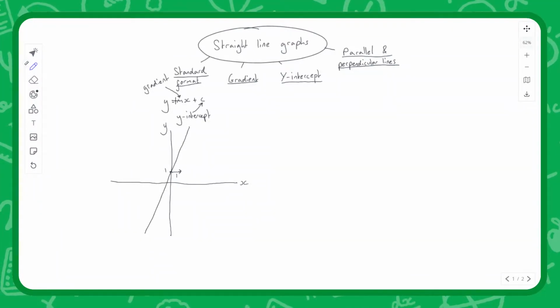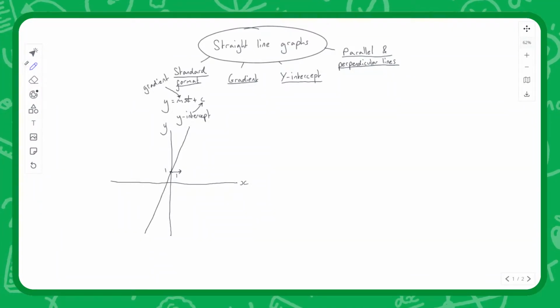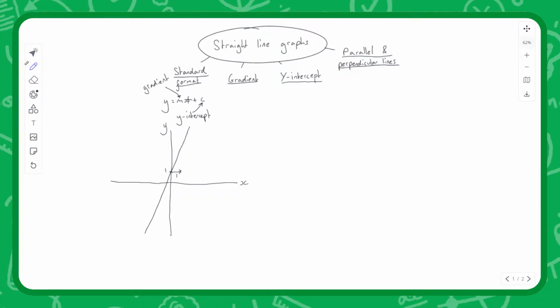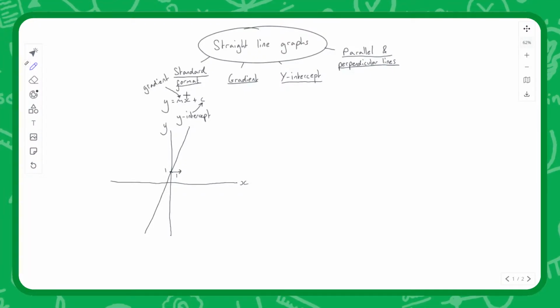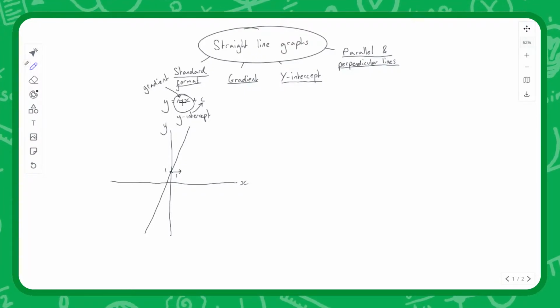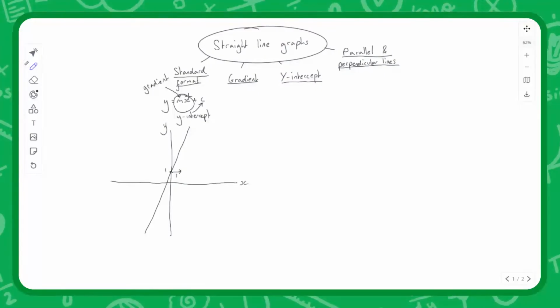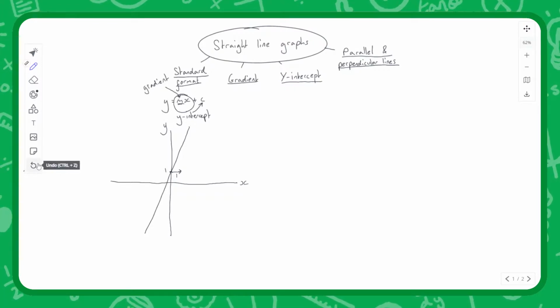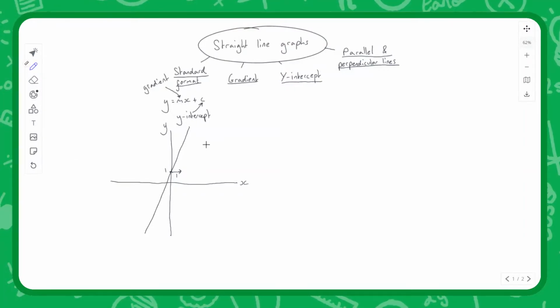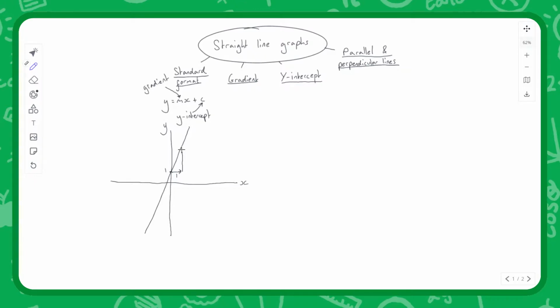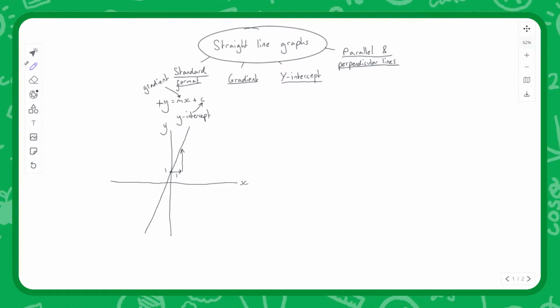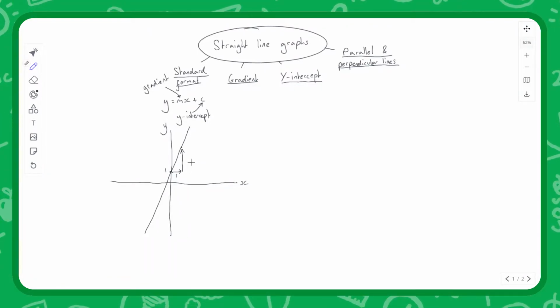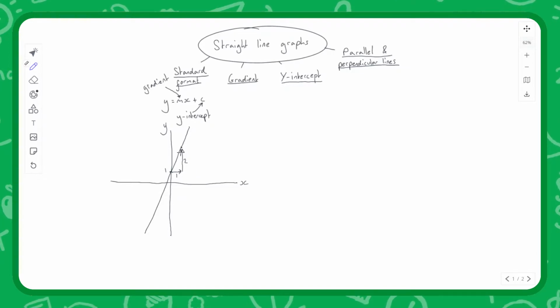What's going to happen to y if I increase x by 1? Well, this whole thing is going to increase by 2, because I'm timesing this increase of 1 by 2, because m is 2 in this case. And so on my graph, my y is going to increase by 2, and I move up by 2 spaces.